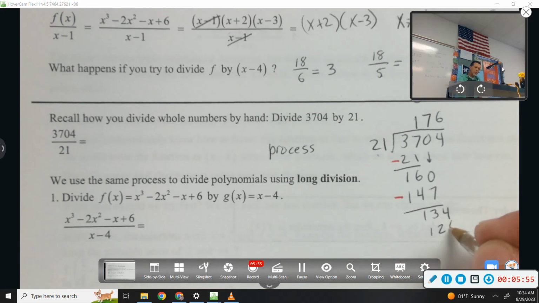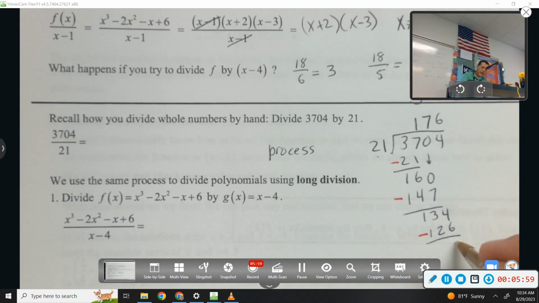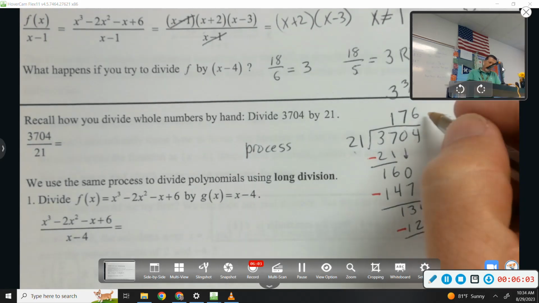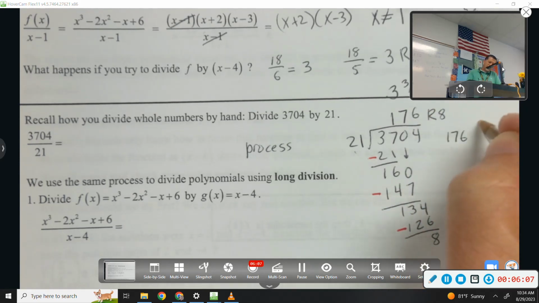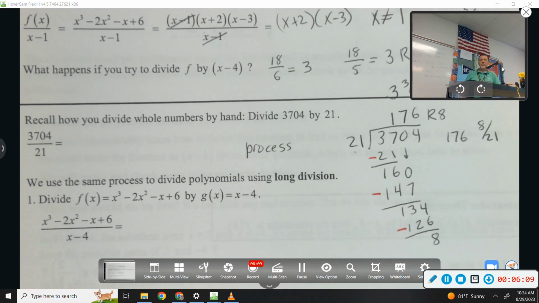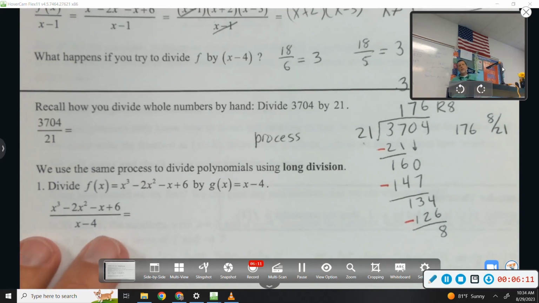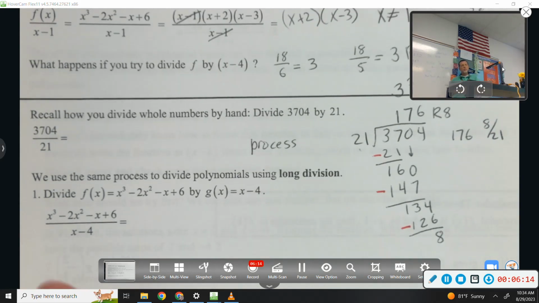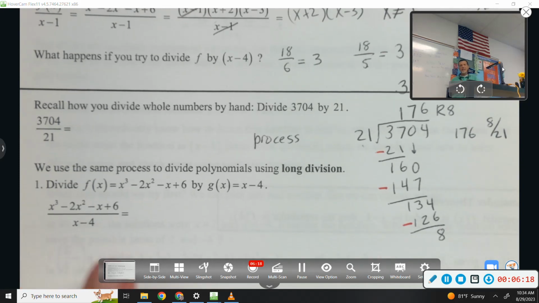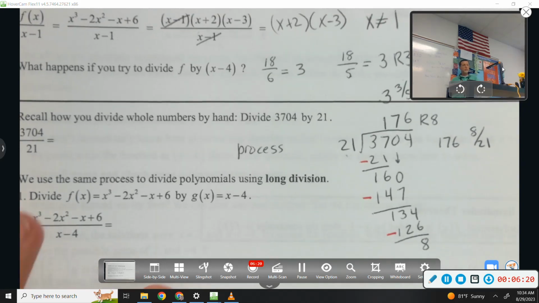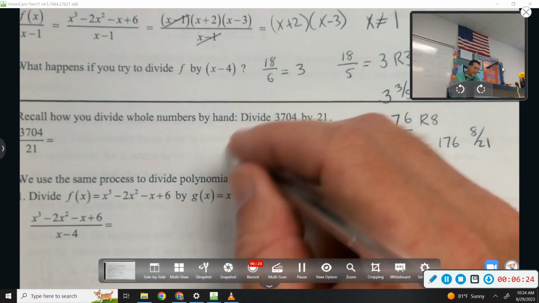That would be 126. Subtract. We get 8. And so we'd either say 176 remainder 8 or 176 and 8/21. Or the decimal thing, but I don't want to do the decimal thing because that doesn't really have an analog to what we're doing today. But the remainder does, and the fraction does. And the process is the same.